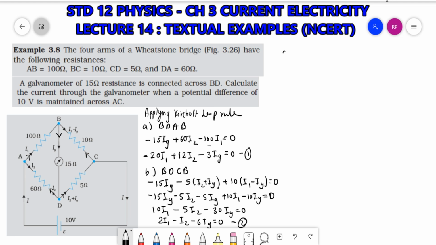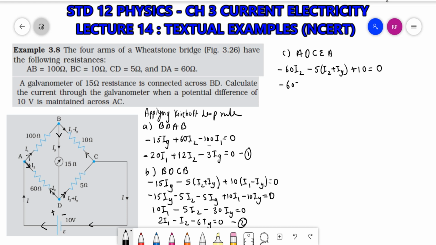Now let's take the third loop, that is A, D, C, the battery epsilon, A. Clear? So when I move from A to D, same direction, so minus IR, minus 60 I2. From D to C, same direction, so minus IR, and R is 5, minus 5 (I2 plus IG). Then I'm moving from the negative to the positive terminal, so plus epsilon, and here the value of epsilon is 10, equal to 0.